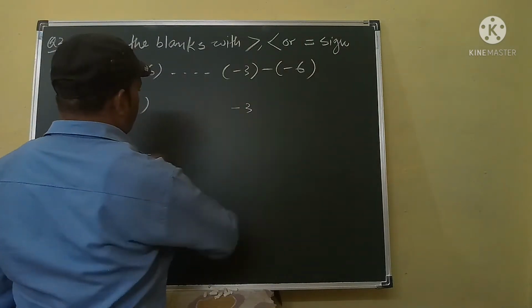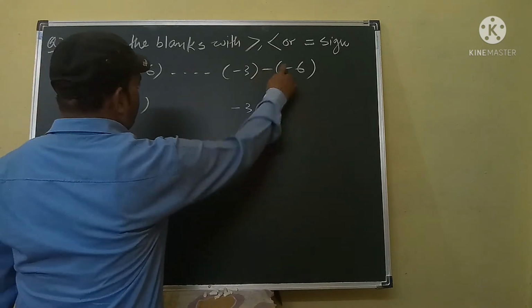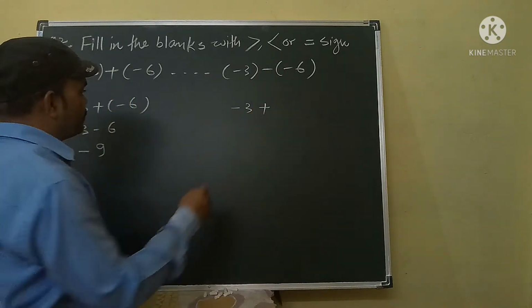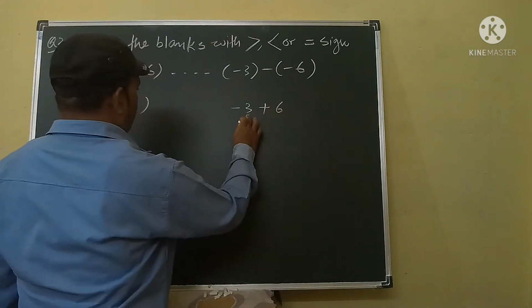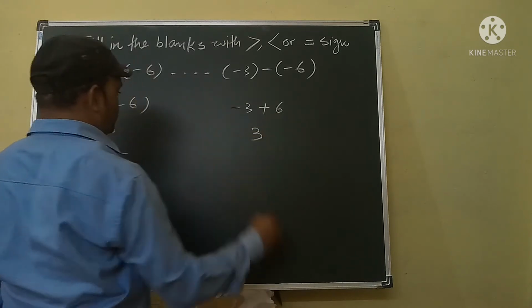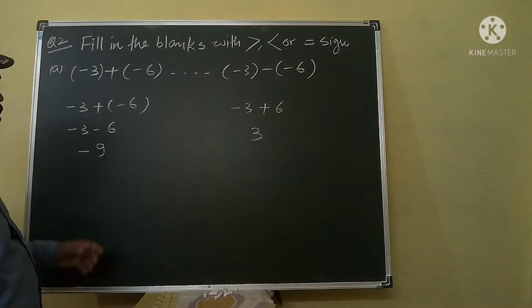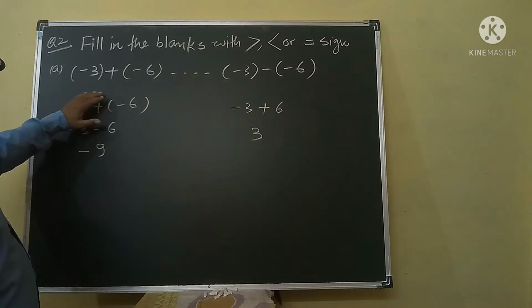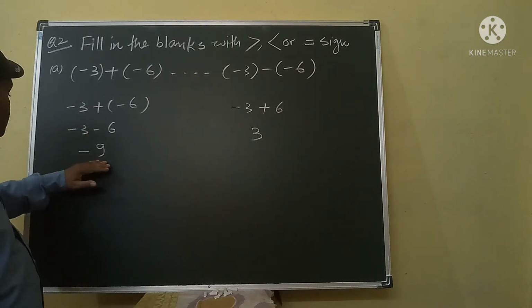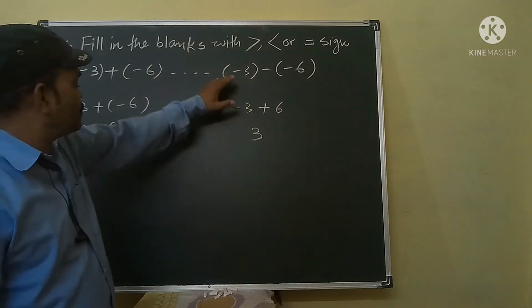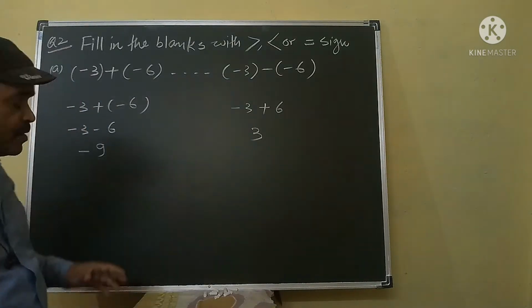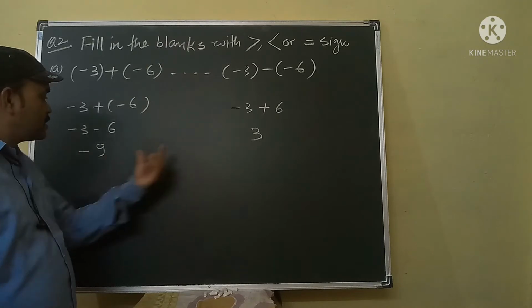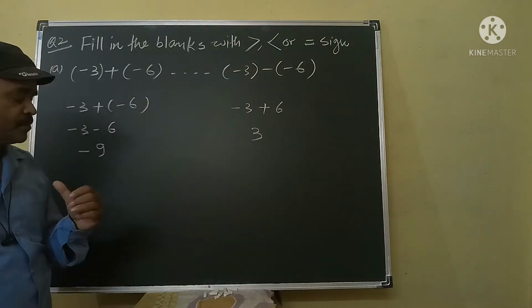And this is minus 3 minus minus 6, which is plus 6. Minus 3 plus 6 is 3. After calculation, what are you looking at? The answer of the first part is minus 9 and the answer of the second part is 3. This is a negative integer, this is a positive integer.